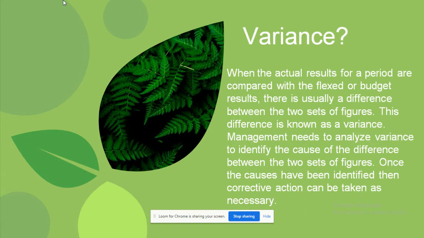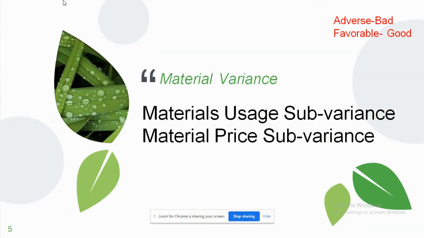The management needs to analyze variance to identify the cause of the difference between the two sets of figures, that's the budgeted and the actual. Once the causes have been identified, then corrective action can be taken as necessary. That means variance analysis is necessary for control and corrective actions by the management.